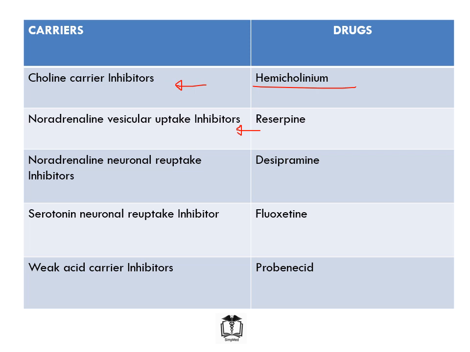Drugs like desipramine act as noradrenaline neuronal reuptake inhibitors. Fluoxetine is a serotonin neuronal reuptake inhibitor. And then probenecid acts typically as a weak acid carrier inhibitor in the renal tubule. So these are all examples of drugs under the carrier protein mechanism, and they are all important to note for your exams.